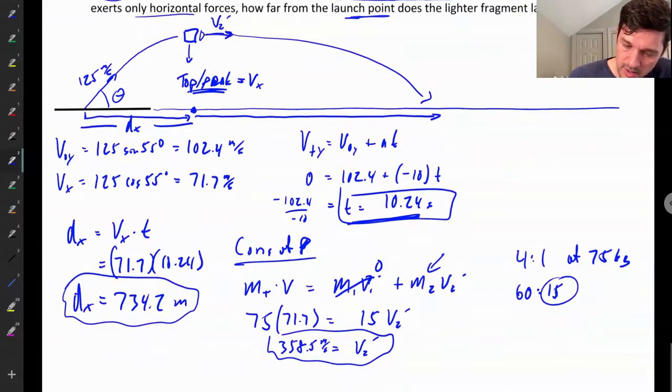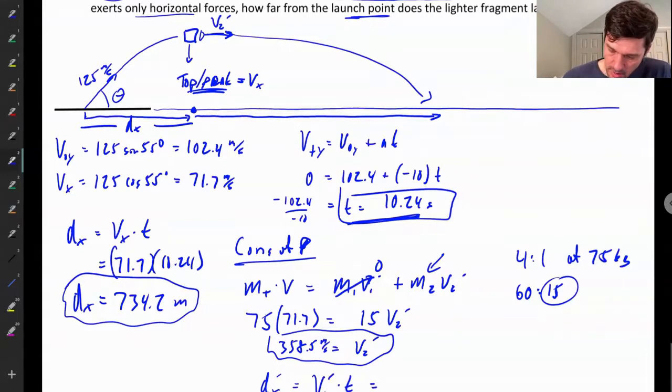All right, so we need that because we've just found v2 prime. It's going 358.5 meters per second, and it has 10.24 seconds of travel before it hits the ground. So its displacement after the explosion, called dx prime, is going to be its velocity, v2 prime, times t.